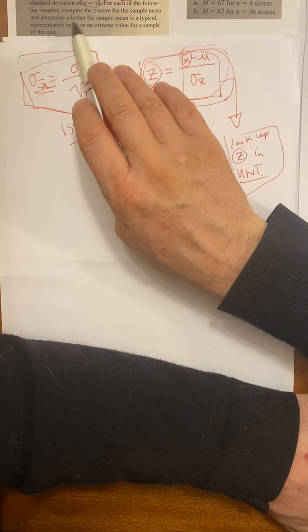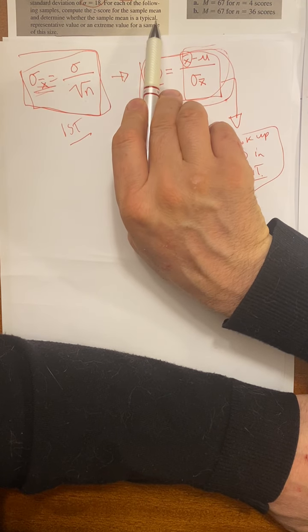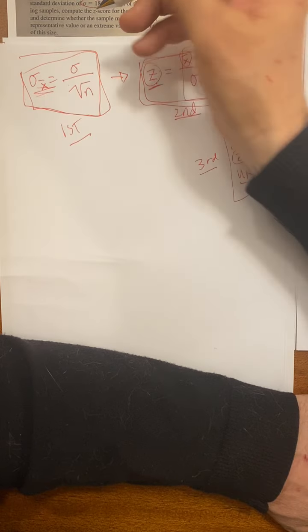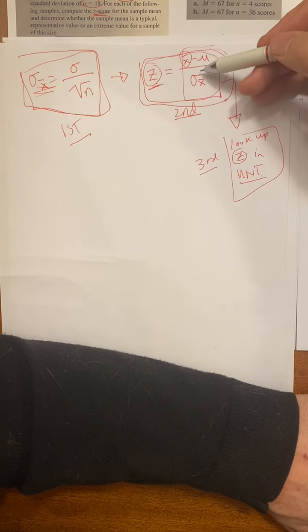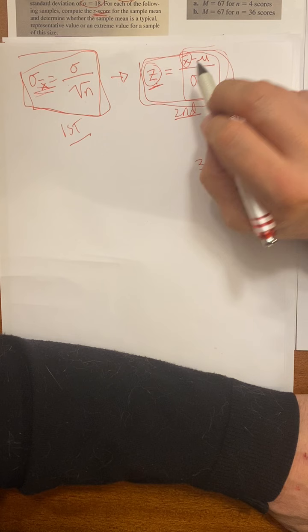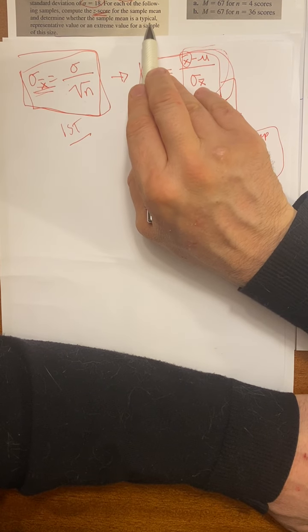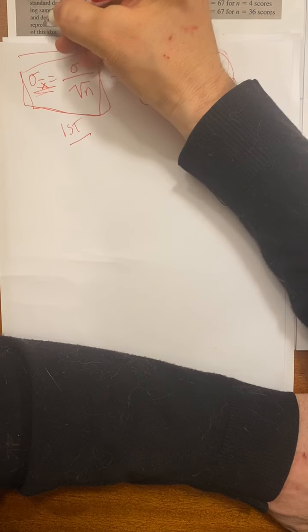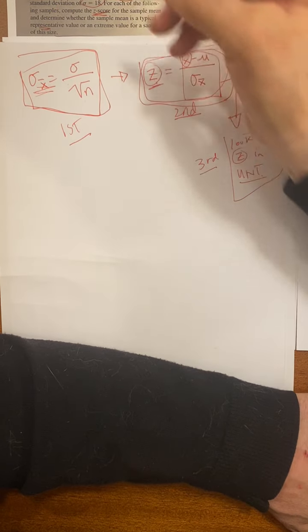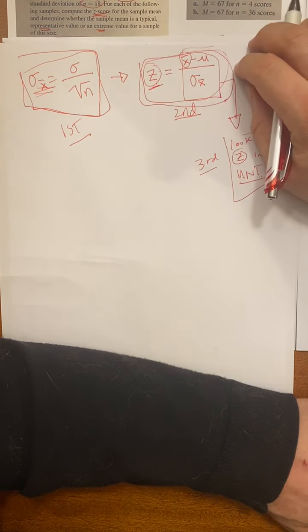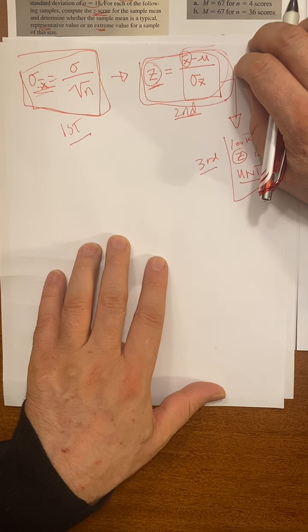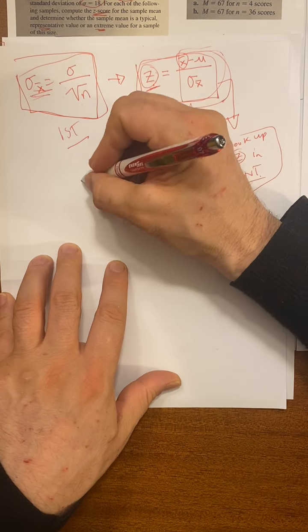For each of the following samples, compute the z-score for the sample mean. Okay, so we have to compute a z-score. So it's going to be this for the sample mean for that. And determine whether the sample mean is a typical, a representative, or an extreme value for a sample of this size. So with that, remember what they mean by representative.